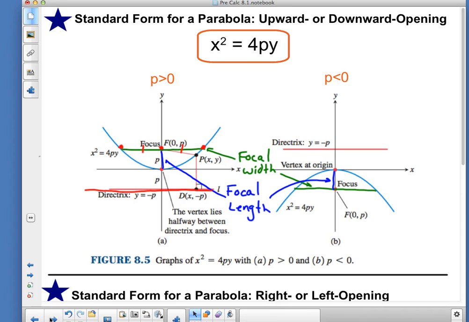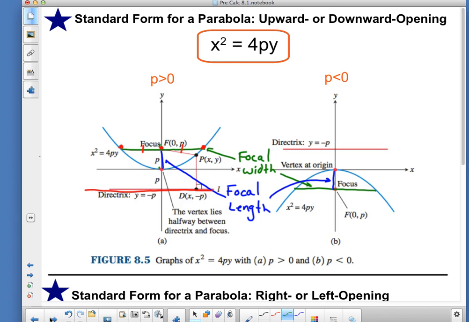Now, also, the focal length tells me how far the focus is away from the vertex. So if I tell you the focal length is 4, it's 4 units in the positive direction from the vertex, okay, 4 units to the focus from the vertex.